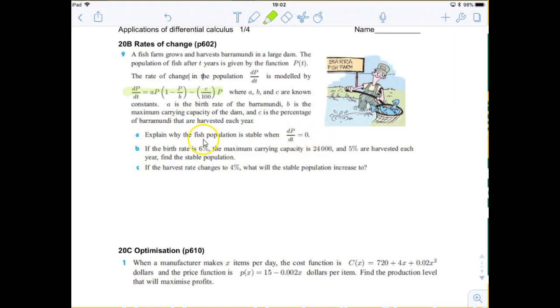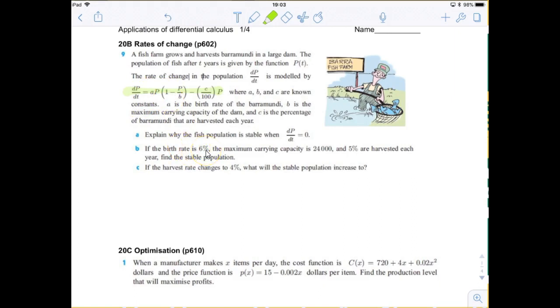If the birth rate is 6%, the maximum carrying capacity is 24,000, and 5% are harvested each year, find the stable population. Okay, so let's do that. We're going to take dp dt and find it by plugging in some of these numbers they gave us.